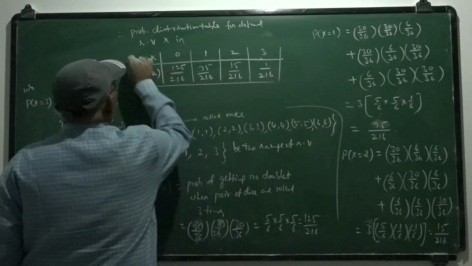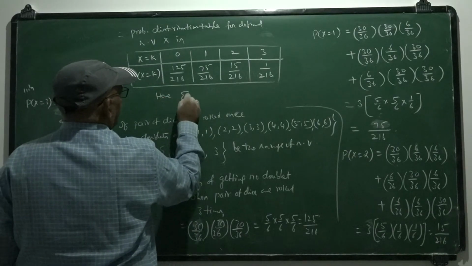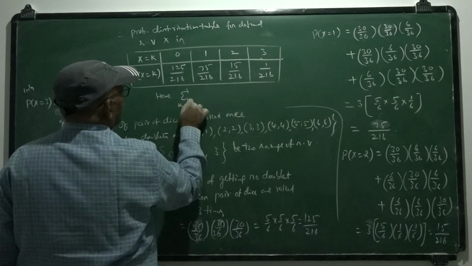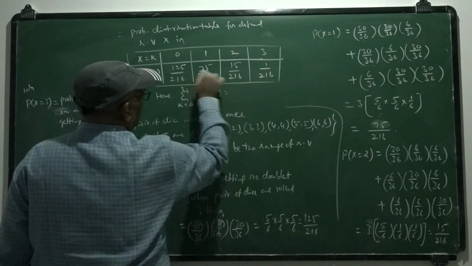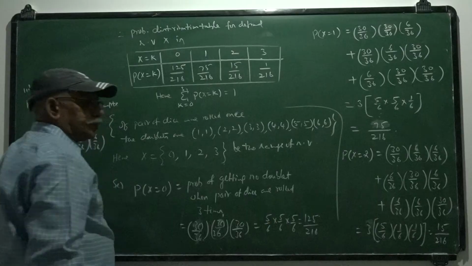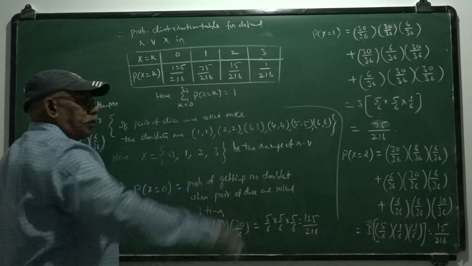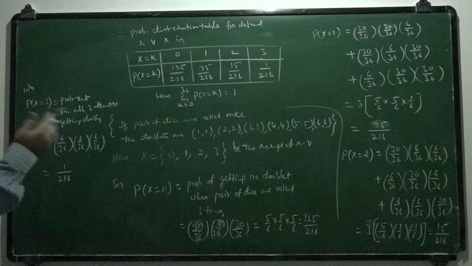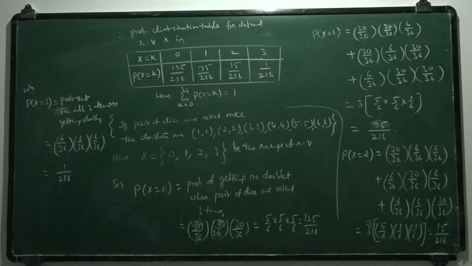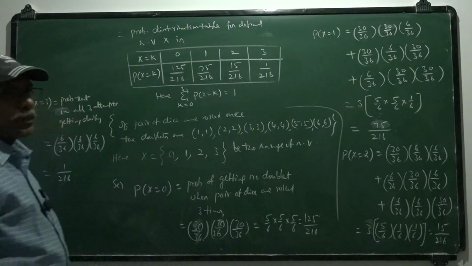Clearly, the sum of the probabilities, the sum over k from 0 to 3 of the probability that X equals k, is 1. This should hold in any probability distribution table. If the sum of the probabilities is not 1, there is a flaw in finding the probabilities.